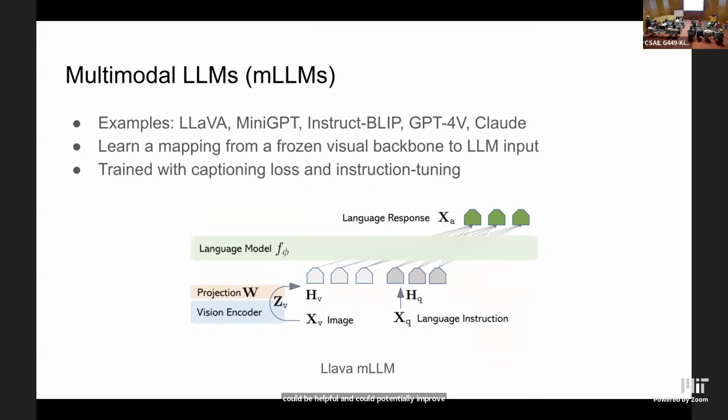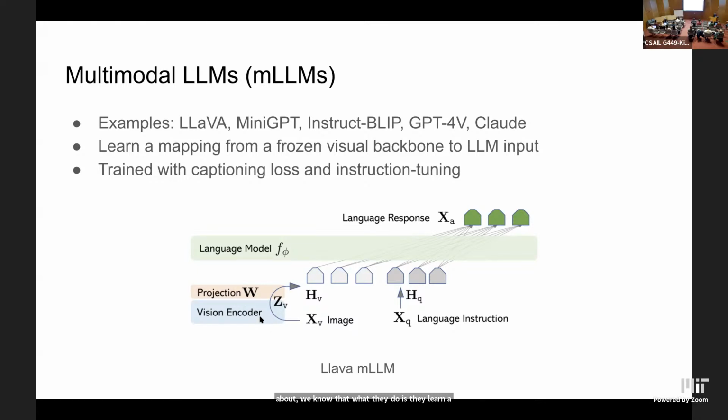Some examples of the multimodal LLMs that exist right now are models like LLaVA, MiniGPT, InstructBLIP. Of course, there are also commercial models like GPT-4V and Claude. And at least for the open source models, we know that they learn a mapping from frozen visual backbone features.